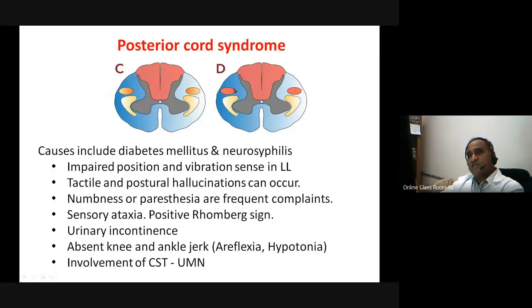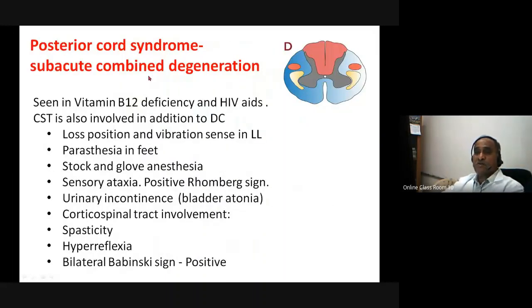If this is not involved, there would be absence of knee jerk and ankle jerk because of the fiber involvement: areflexia, hypotonia. In subacute combined degeneration, this would be an upper motor neuron type of lesion. So I briefly mentioned the pure posterior cord syndrome and the posterior cord syndrome seen in subacute combined degeneration.